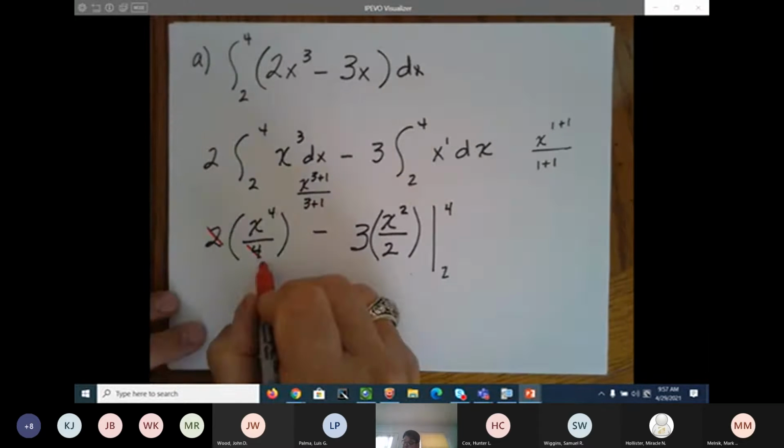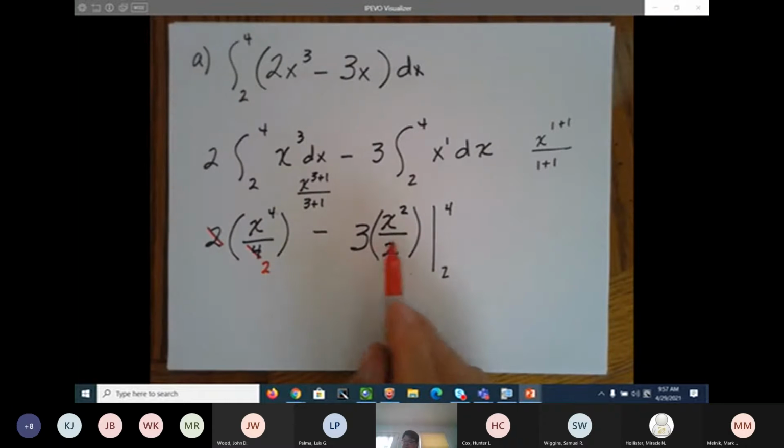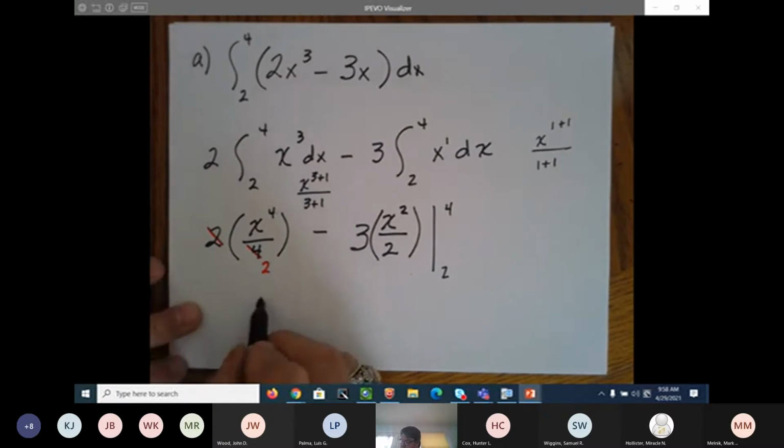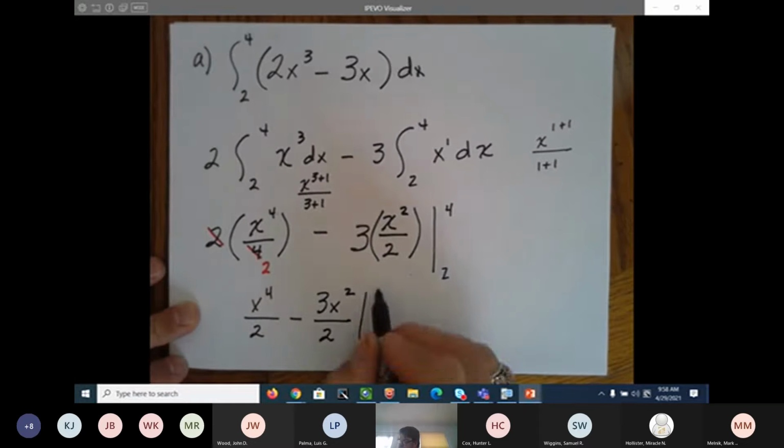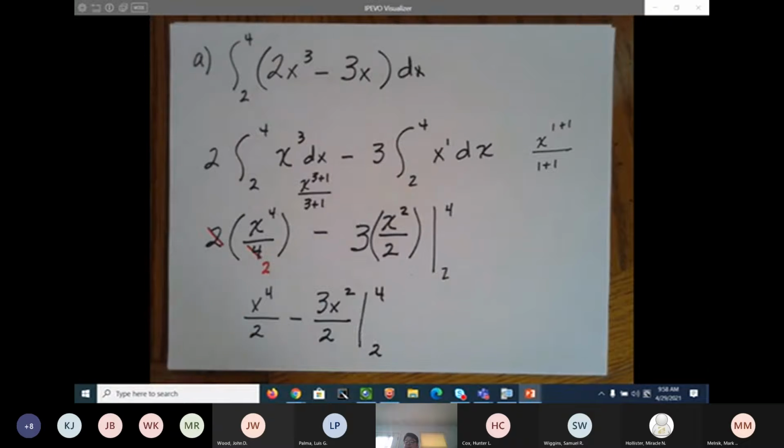And that will be a 2, and nothing happens here. So our evaluation expression is x to the 4th over 2 minus 3x squared over 2, evaluated at 2 and 4. Now, I want to make an announcement here.